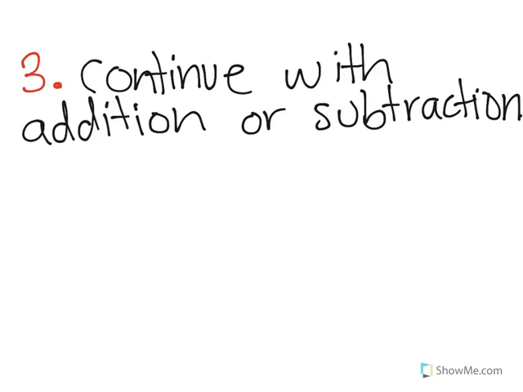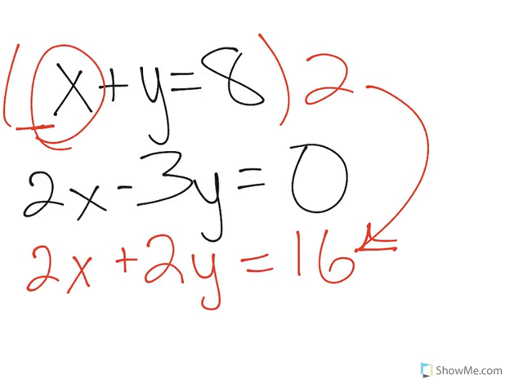So now we did what they asked for, and now the third step is to continue with addition or subtraction in order to eliminate the same way we learned before. In this case, we want to subtract, because the coefficients have the same sign. So 2x minus 2x is equal to 0.